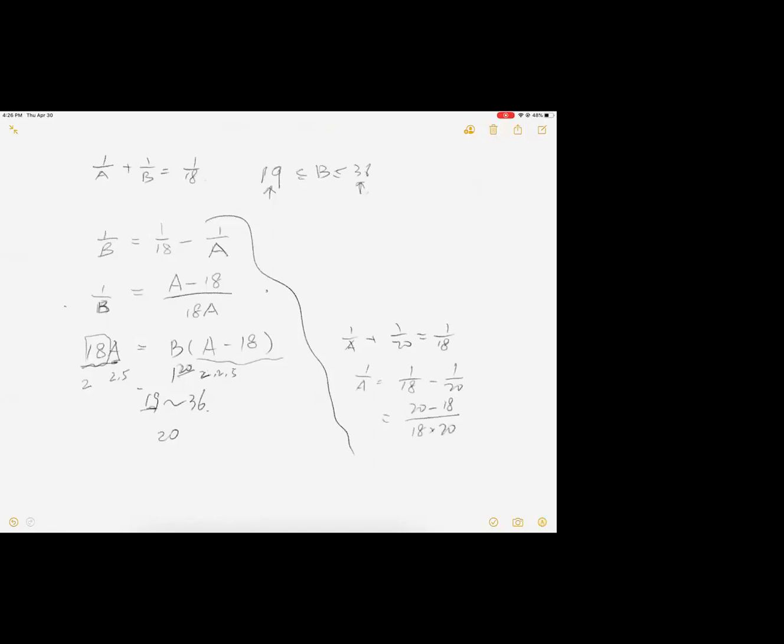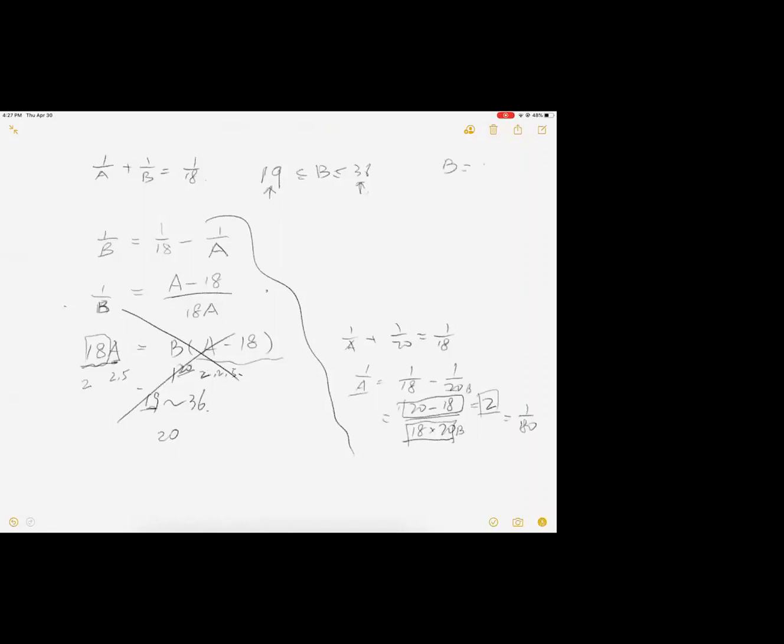And by the way, 20 is the B. This is 2. If the denominator has a factor of 2, then that means this will be a whole number. So this will be 1/180. Okay, in this case, 20 will work. So B can be 20.